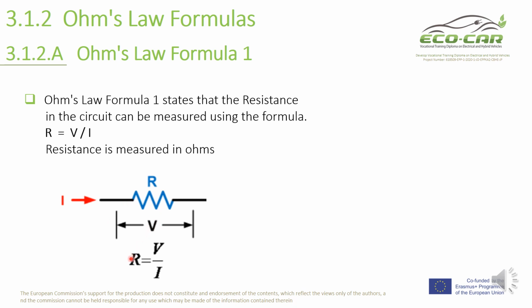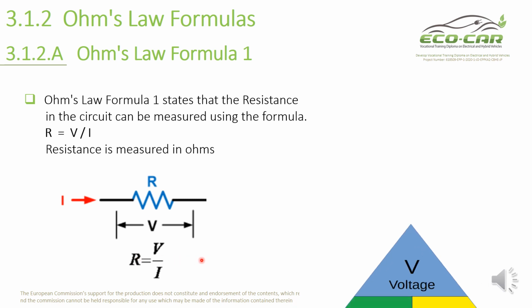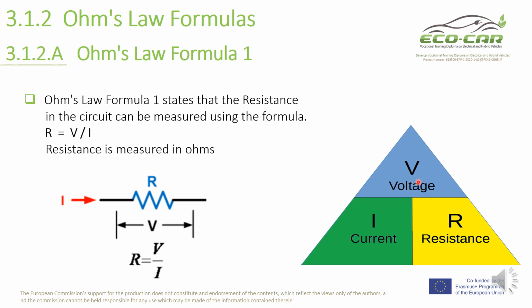So R, according to the triangle of Ohm's law, equals voltage divided by I, which is formula number 1. When the voltage and the current are known, we can measure or calculate the resistance.